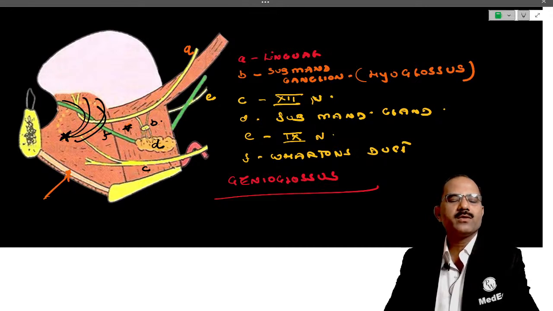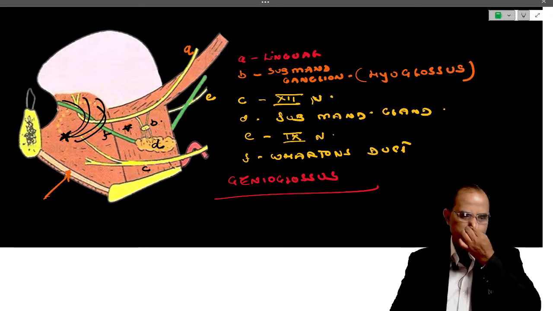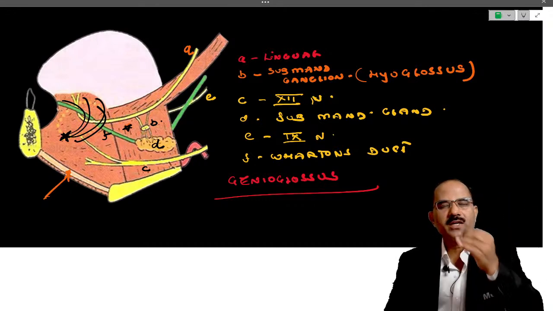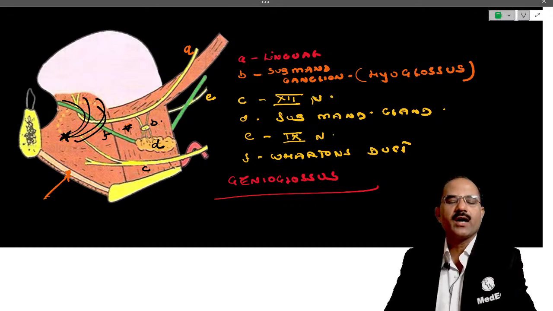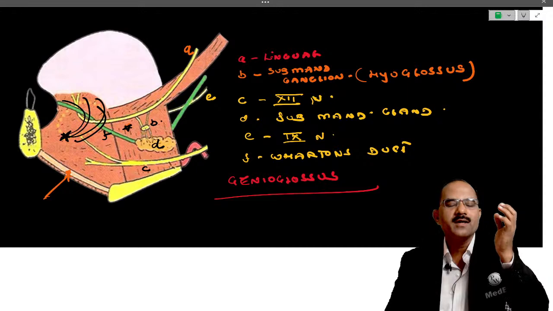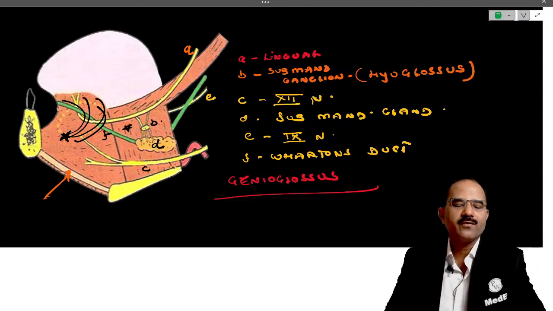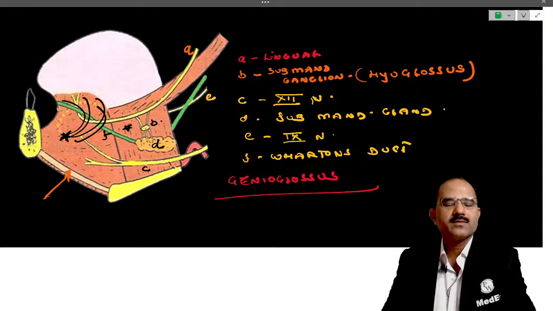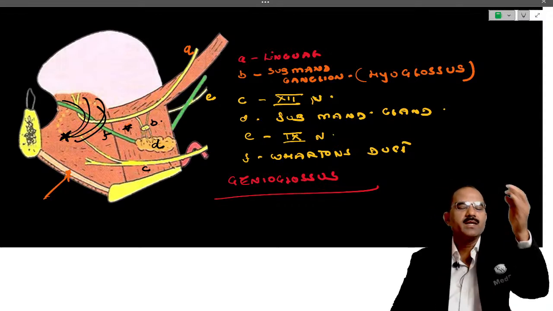You can all see me, no? What is this muscle which begins from the genial tubercle and goes to the hyoid bone? And why should I be asking this to you? Ah, very good. So sorry, I couldn't see the chat.